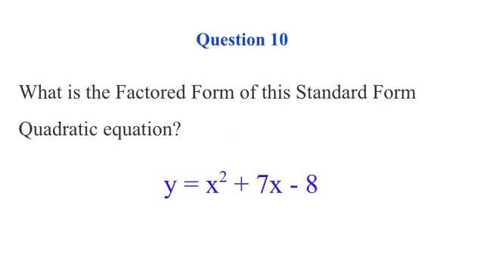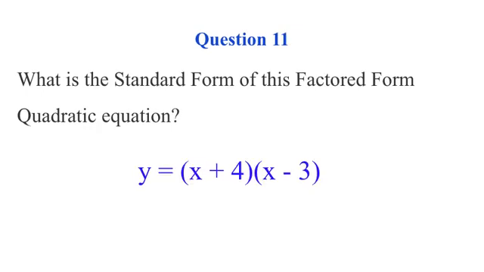Question 10. What is the factored form of this standard form quadratic equation? y equals x squared plus 7x minus 8. Please provide your answer. Question 11. What is the standard form of this factored form quadratic equation? y equals (x plus 4) times (x minus 3). Please provide your answer.